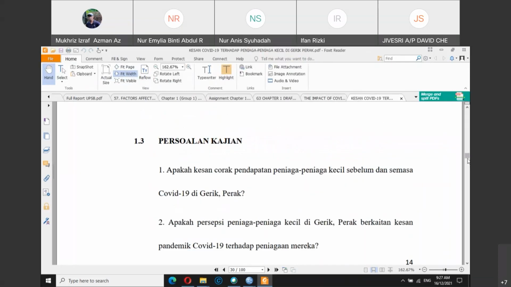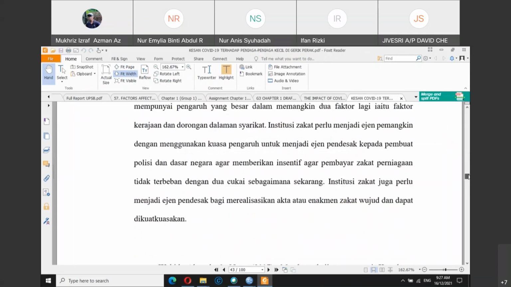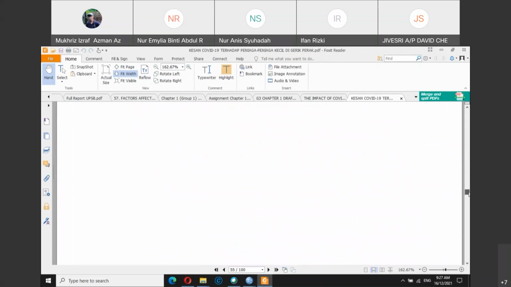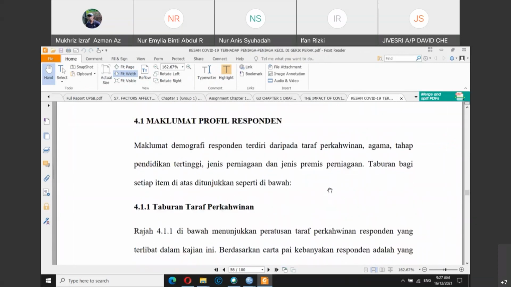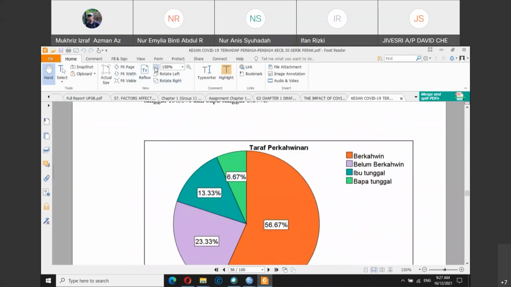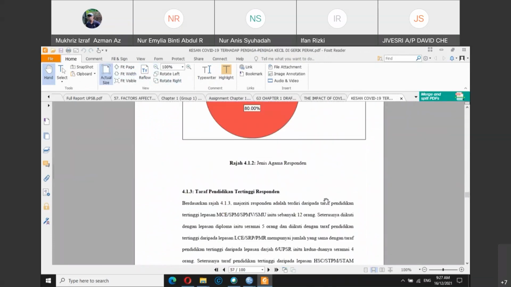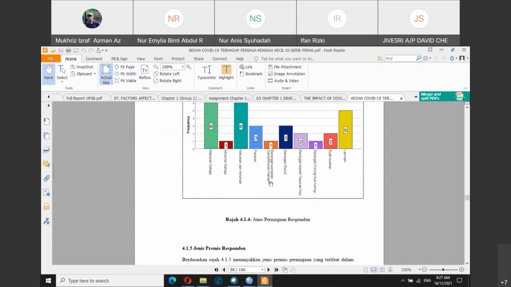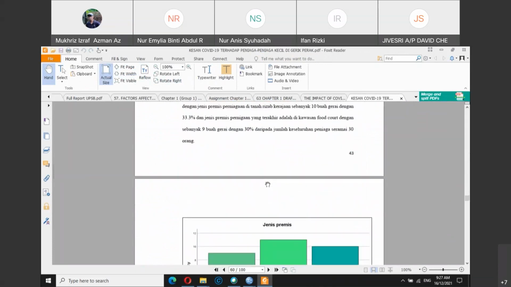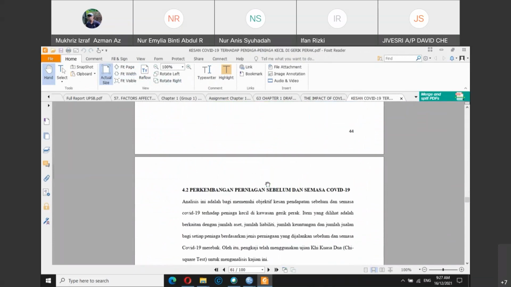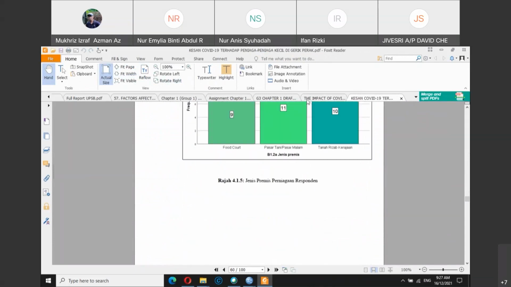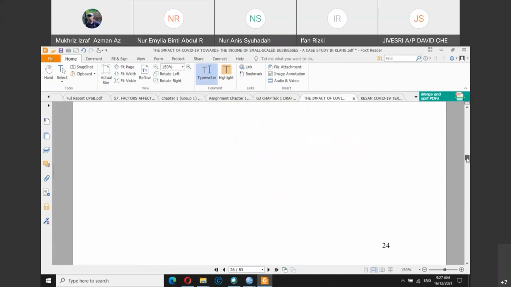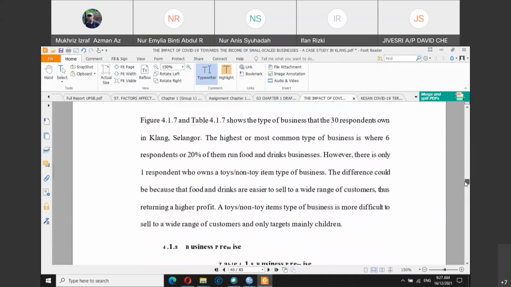So if you look at this particular project here, when the student answered research question number 1, you can see that they used a simple pie chart and histogram to answer it, because research question number 1 is supposed to learn more about the characteristics of the respondents.